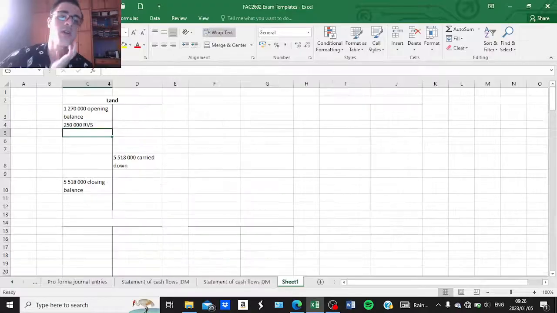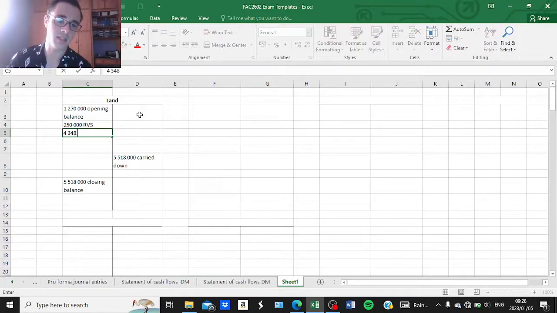So in your general ledger account for land, you will show on the debit side, because it represents an increase in the value of land, that 4,348,000 was acquired for expansion purposes.